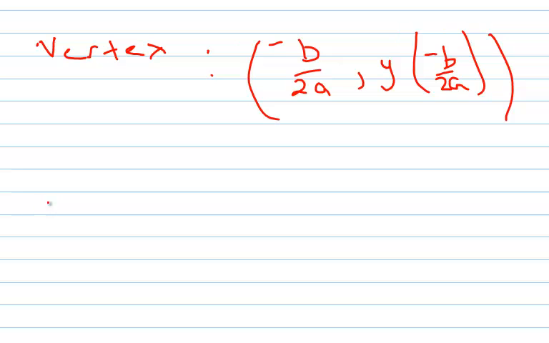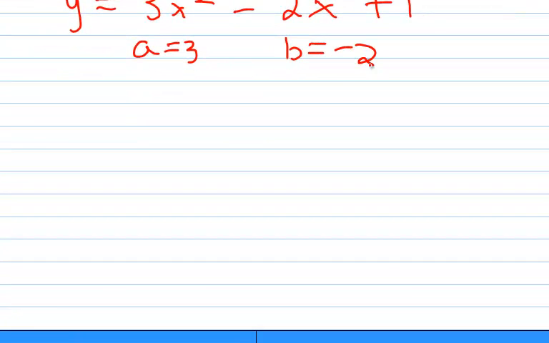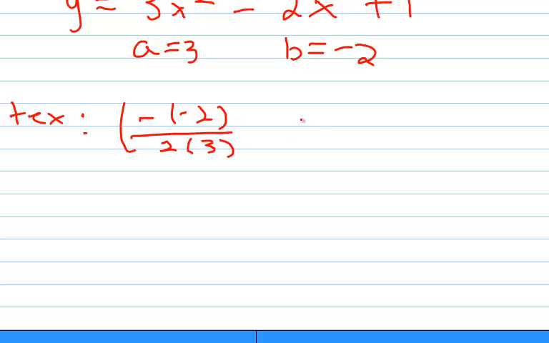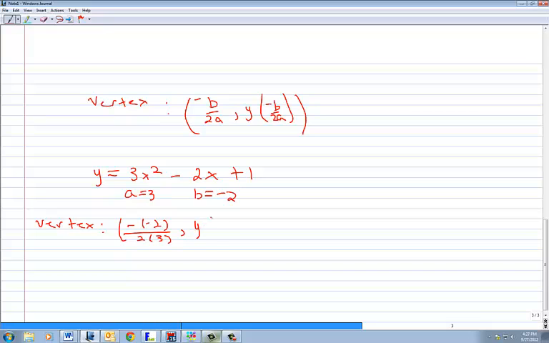If my quadratic function is y equals 3x squared minus 2x plus 1, then a is 3 and b equals negative 2. So the vertex is negative b, which is minus negative 2, over 2 times a, so 2 times 3. That's 2 over 6. Then we plug that number into the formula, so y of 2/6.